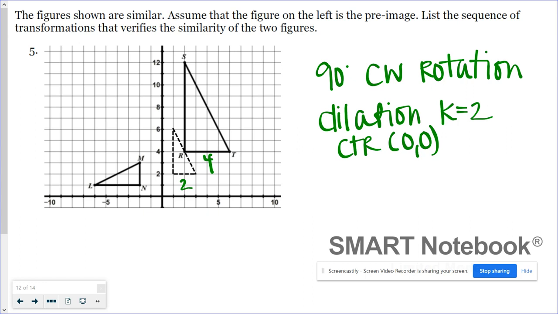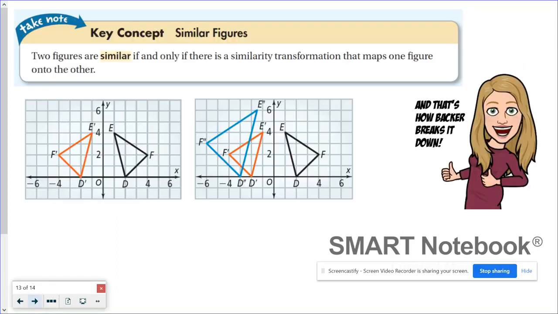And so I just need to confirm that that's all there is to it, and then I'll be done. So let's see. This point here is currently at (3, 2). When I dilate it, I'm going to be at (6, 4). So that checks out. So these two similarity transformations prove that these two figures are similar to each other.